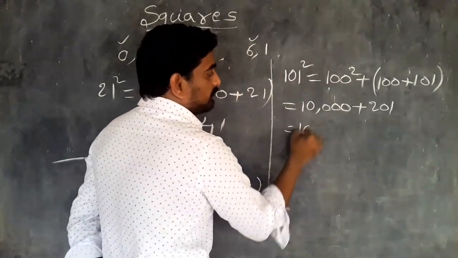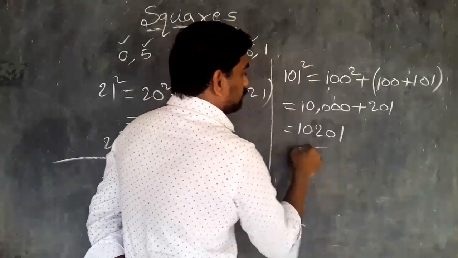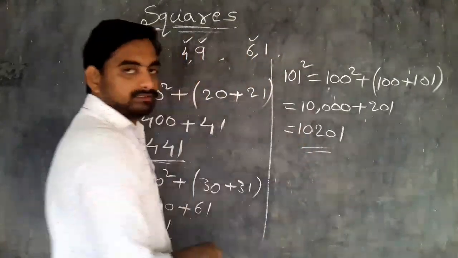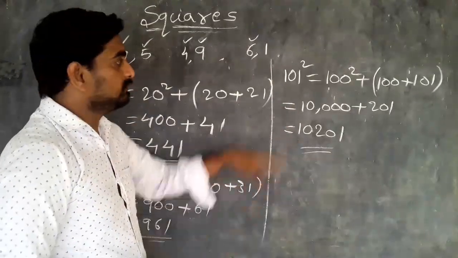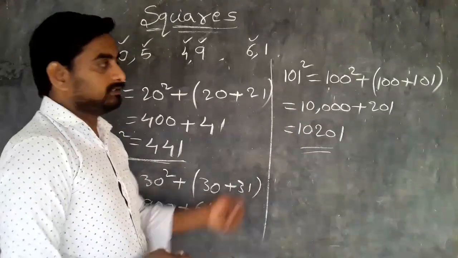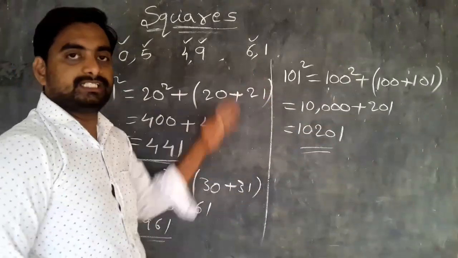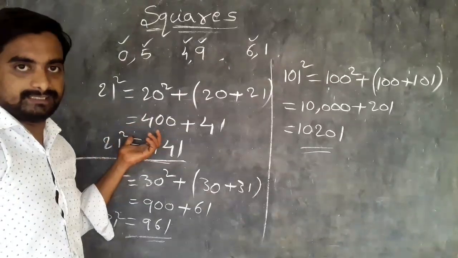We add both of them, 10,201. This is the final answer for the triple digit number. We can do any number, friends, 121 or 111, same technique. You should practice, it's very easy. We can write square numbers within a fraction of seconds.